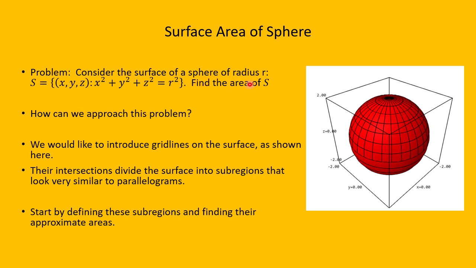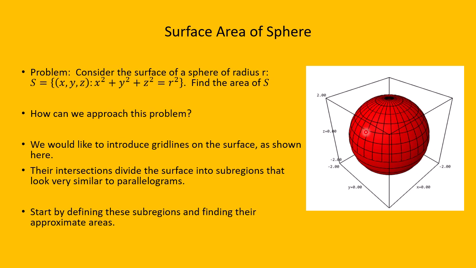Now, you probably memorized in elementary school the formula for the surface area of a sphere, but now we want to actually calculate it using techniques of multivariable calculus. So how do we approach this problem? Well, we would like to introduce grid lines on the surface, as we see in this picture. If you look at just one little region here, it looks almost like a parallelogram.